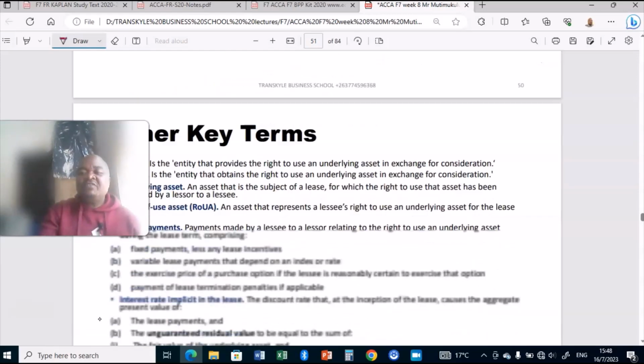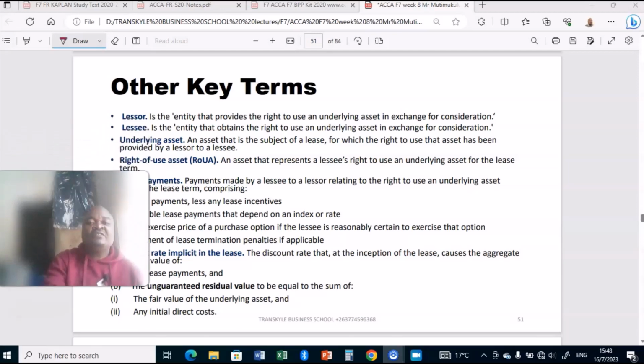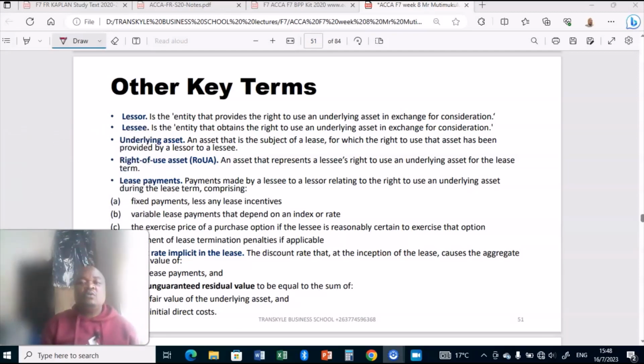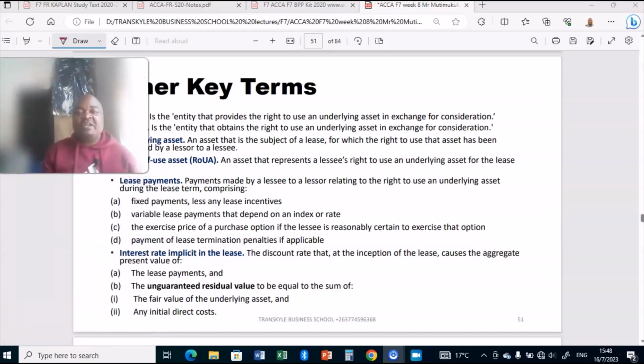Now, there are a lot of definitions we should be accustomed to. For example, as you can see on the screen there, there are a lot of definitions which would assist us to understand what is going on. But I hope you're going to pause the video and look at these definitions. They are self-explanatory.